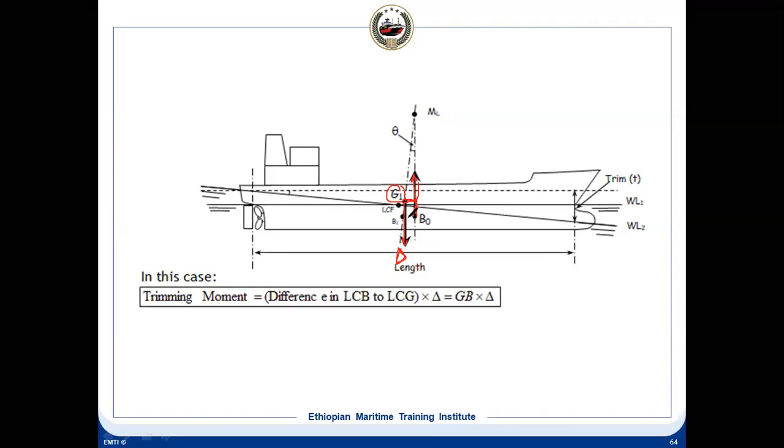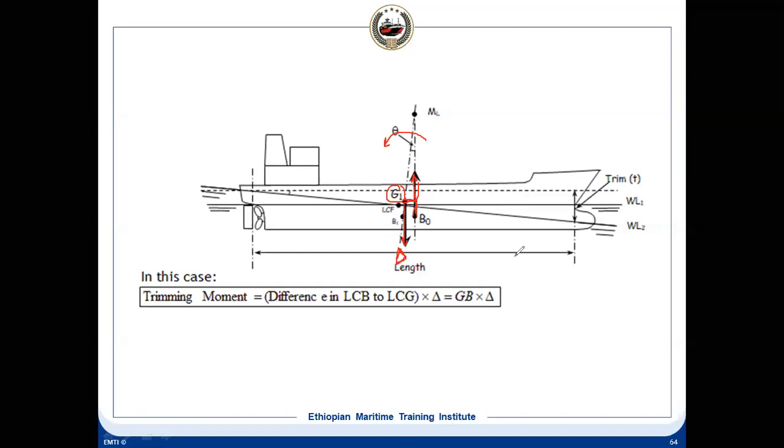After that, B has reached B1, because this is the line where M, G1, B1 will be on the same line. Because of this couple there is a trim, because G cannot shift after that. B has to shift and come to the equilibrium position. So we cannot take B1 because there is no moment. Once B0 comes to B1, that is why we are having a trim.